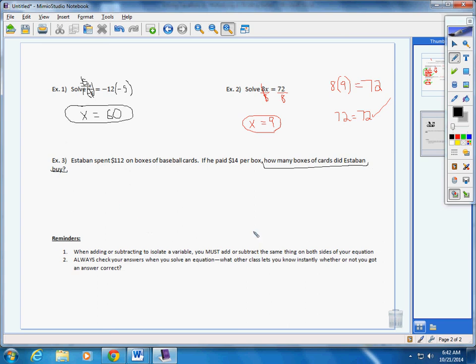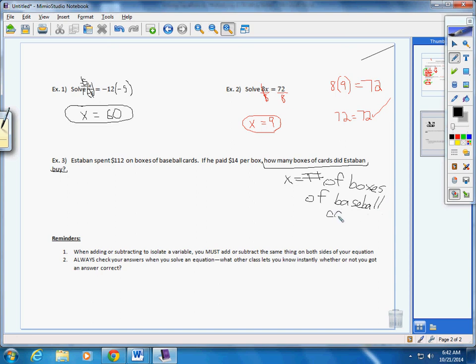So since we don't know a certain number, like I said yesterday, normally we're going to let that thing that we don't know equal a variable. So x equals the number of boxes of baseball cards.